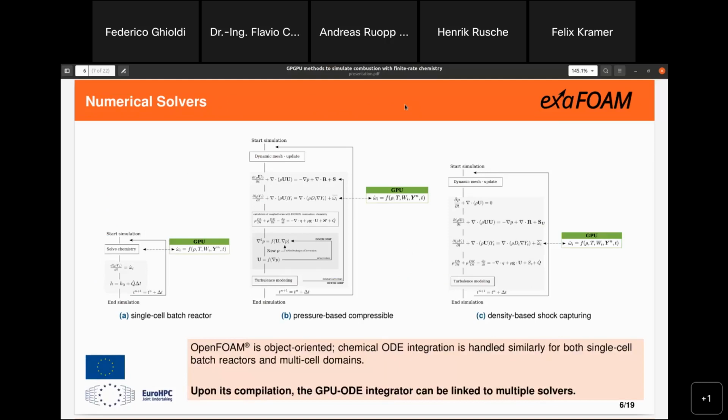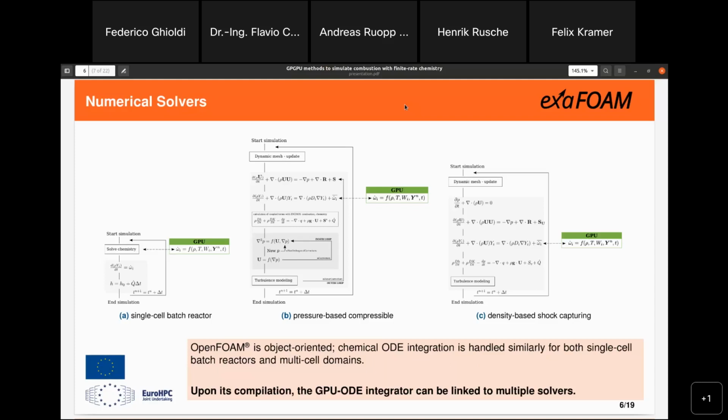The simplest solver is ChemFOAM, so I am talking about single-cell batch reactors. But you might have something which also takes into account the fluid dynamics, for example reactingFoam, or you can develop your own solver. For example, you can extend rhoCentralFoam, a density-based shock capturing solver, to also include possibly the presence of finite-rate chemistry.